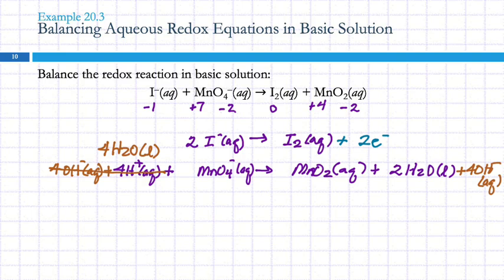On the bottom here, a -1 charge. And over here, a -4. So in order to make that -1 and -4, I'm going to add 3 electrons.